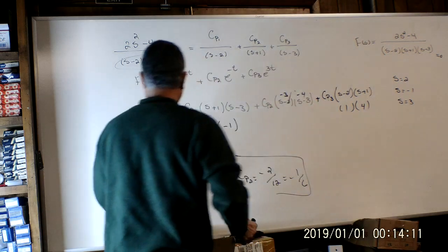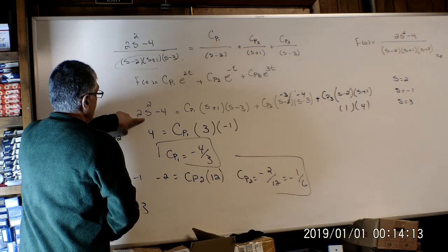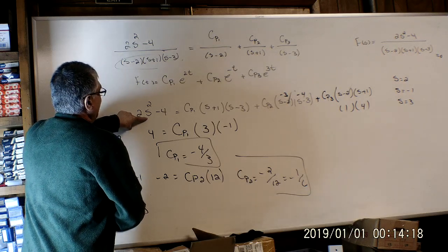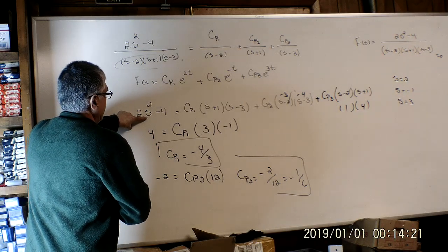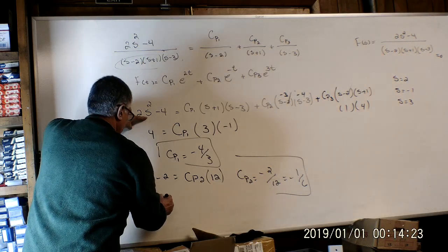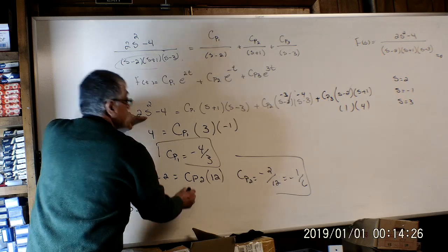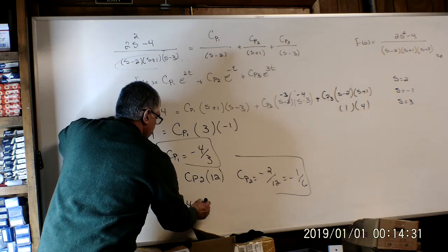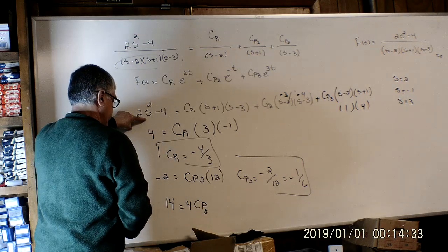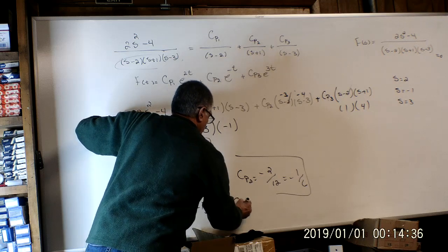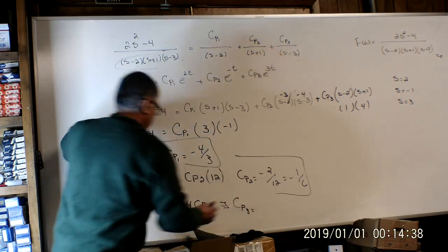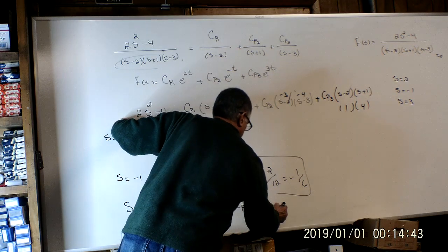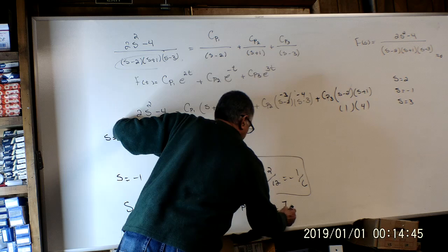On this side, 3 squared is 9, 2 times 9 is 18, 18 minus 4 is 14, equal to 4 cp3. So our constant associated with the third pole will be equal to 14 divided by 4, which is 7 divided by 2.